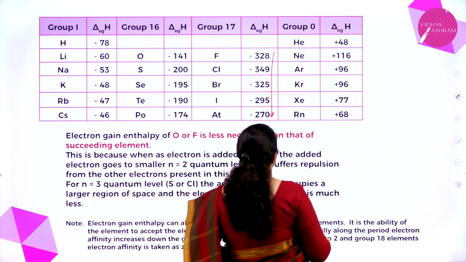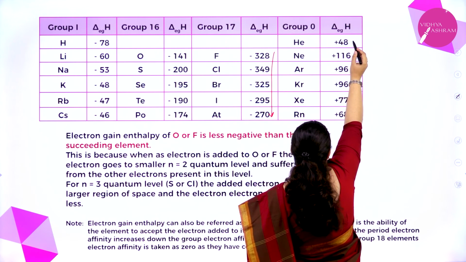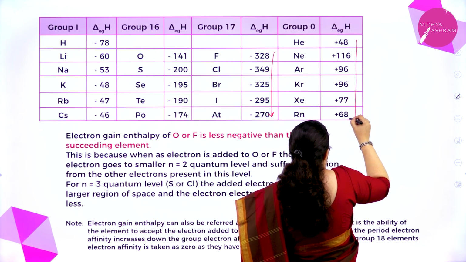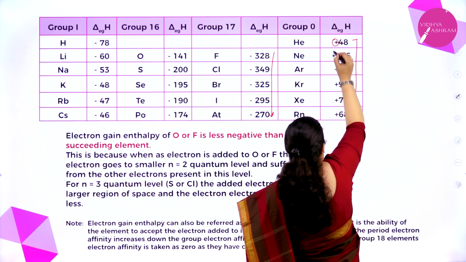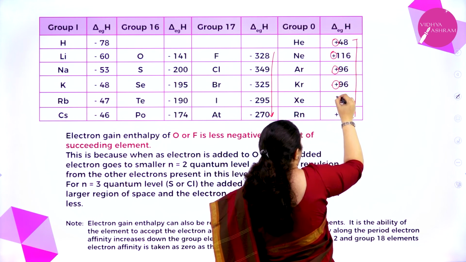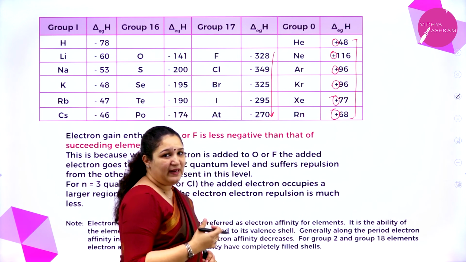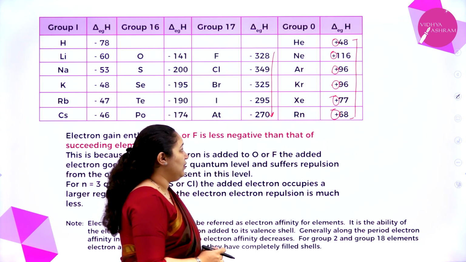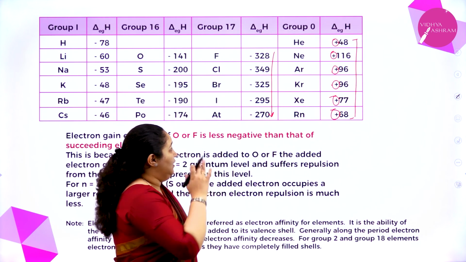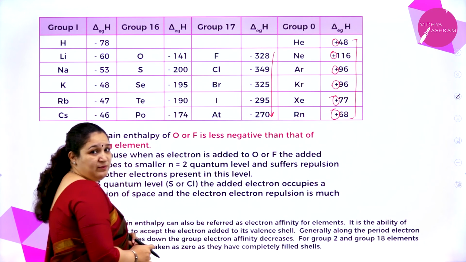Similarly, in noble gases, you can see all are positive because they have a symmetrical electronic configuration. If they have to take up an electron, you have to supply energy. That is what you can observe from these values.